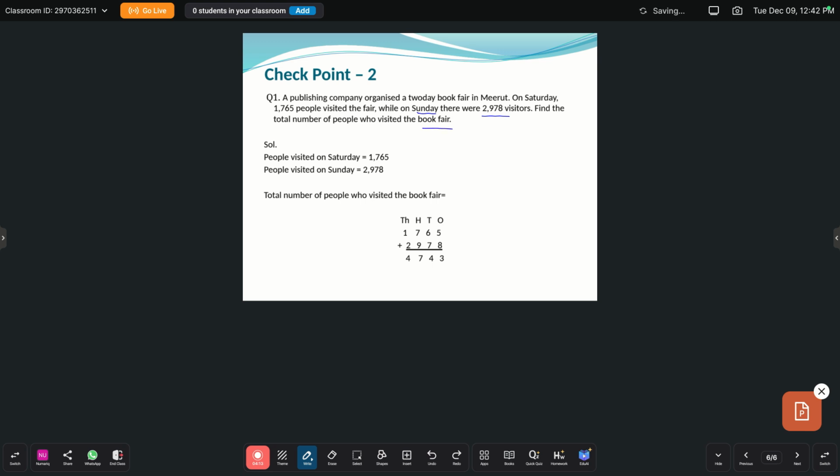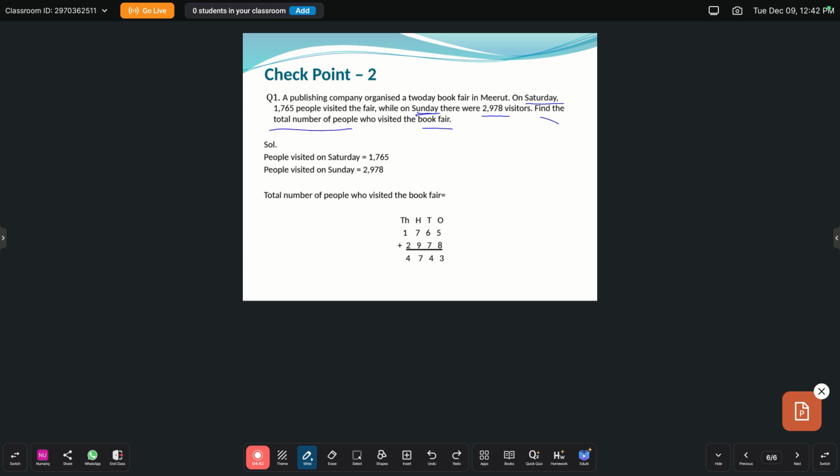Okay, what we have to do, we have been given the number of people who visited the book fair on Sunday and the number of people who visited on Saturday. Now we have to find the total number of people who visited the book fair.